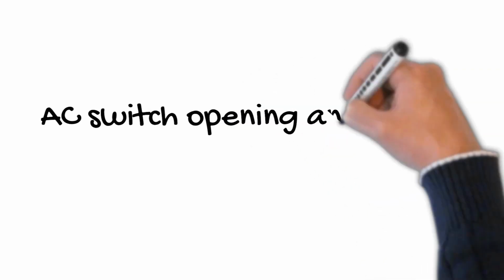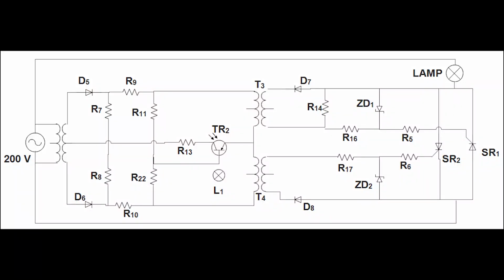Now let's move to part D. Here you have to connect the circuit as shown in the diagram and switch on the main power supply and notice both the lamps L1 and L2 lit up, where L1 is the small lamp and L2 is the load lamp.